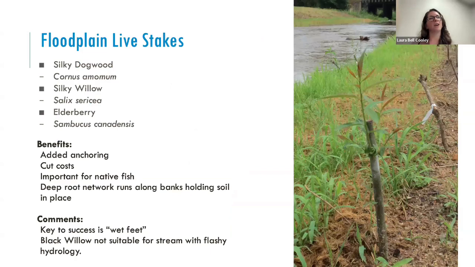And then when spring turns around, those dormant sticks will start sending out roots and become new shrubs, new trees, and can help become part of that system for stabilizing that stream bank.